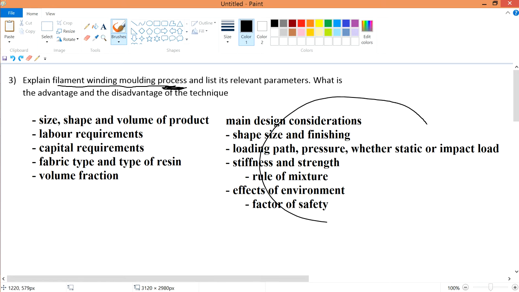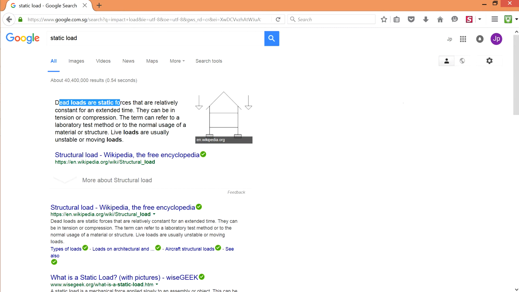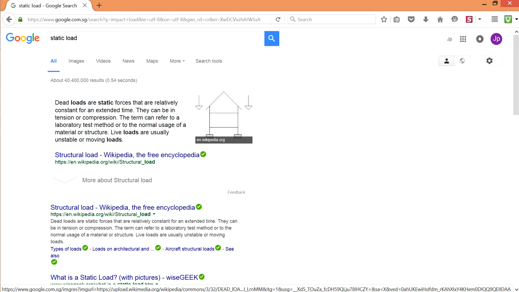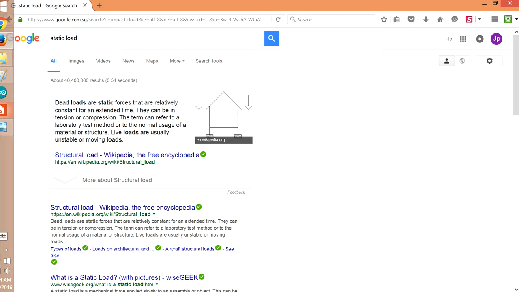As you can see, the words are quite heavy already. So static loads are most probably, I believe, somewhat creep or fatigue. As you can see, dead loads are static forces that are relatively constant for an extended time. So it can be creeping, or it can also be this type of static load. As you can see, let me crop it up.